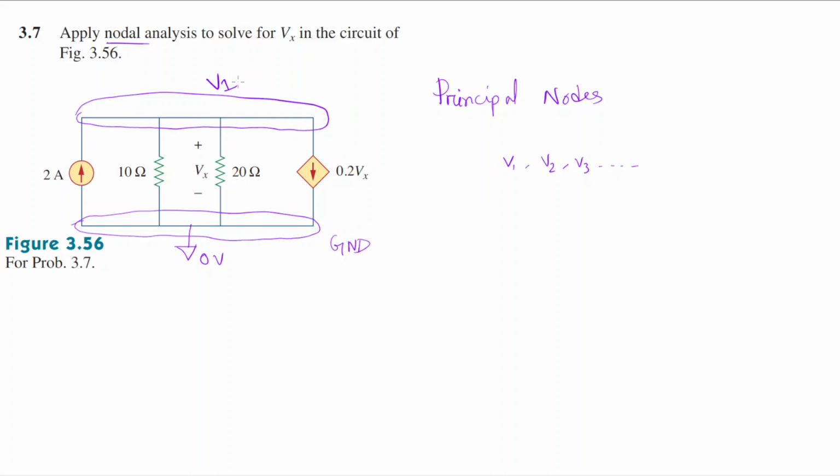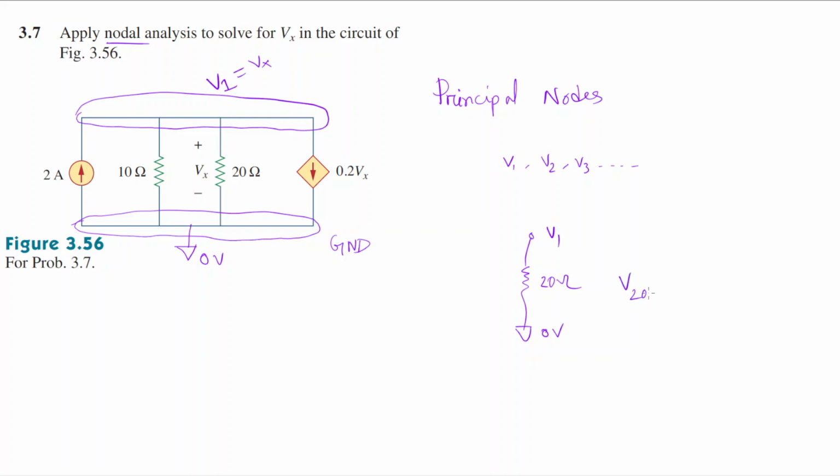But one interesting thing you have to deduce from here is that V1 is actually equal to Vx. Why is that? Because Vx is the voltage across this 20 ohm resistor, and as per our assumption, the voltage across the 20 ohm resistor is V1, because as we assign the node voltages, this is 20 ohms, and we had assigned this node to be ground and this one to be V1.